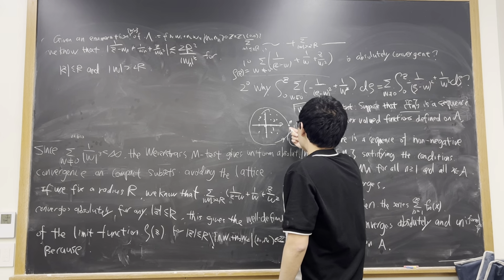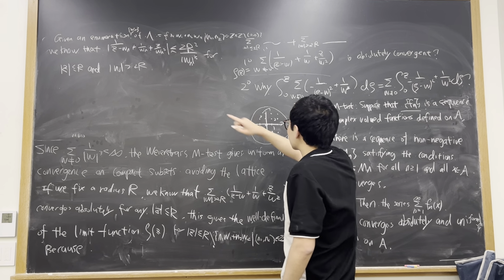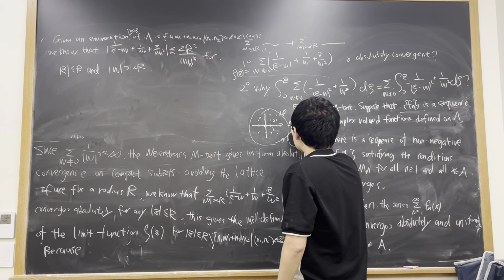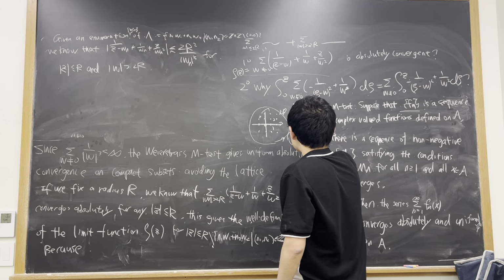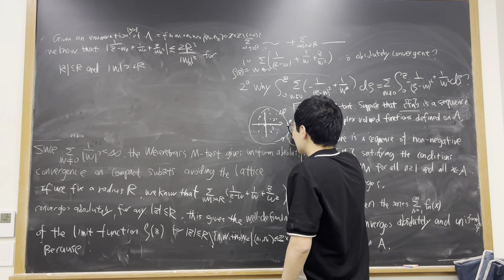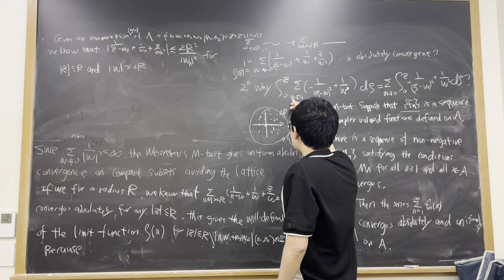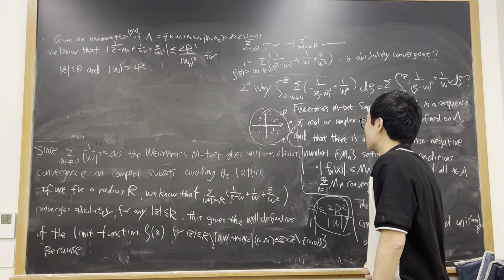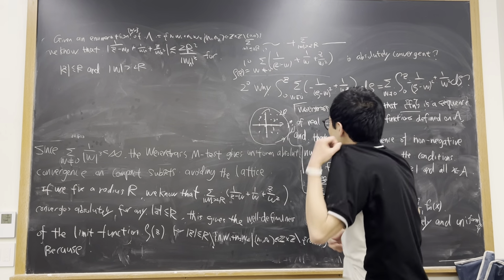For some n bigger than this 2r, maybe I draw it here, when you are at this loop, everything is outside this 2r. So I think this enumeration is pretty suitable for this scenario.